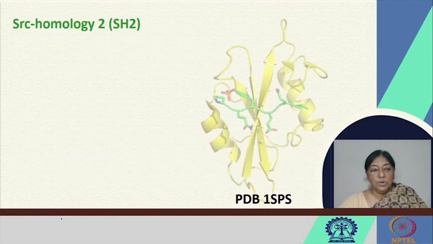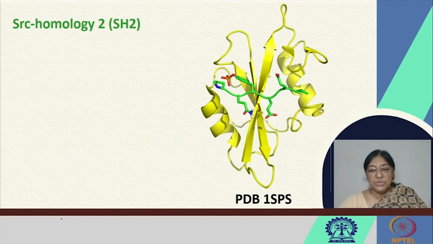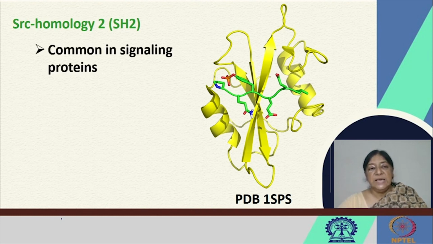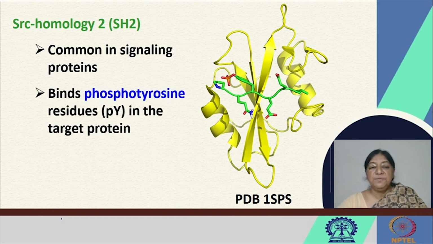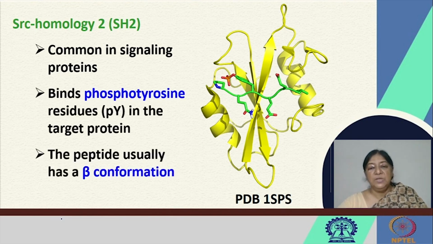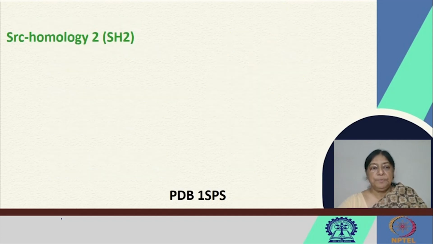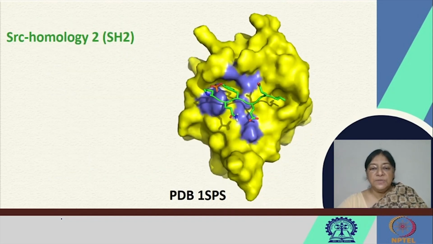If we look at the SH2 protein and the recognition it has, it is very common in signaling proteins, and it binds the phosphotyrosine residues in the target protein. The peptide usually has a beta conformation. Now, the importance of this protein is in the pocket or the cleft that is seen in the specific receptor protein.